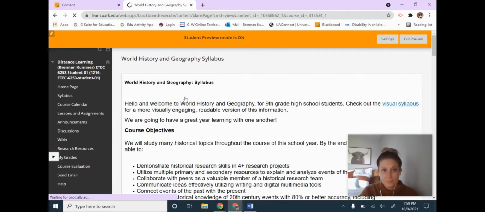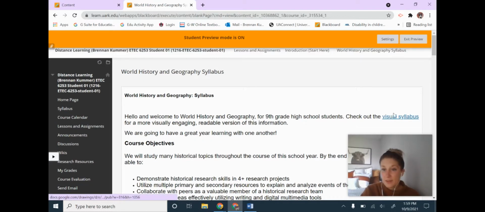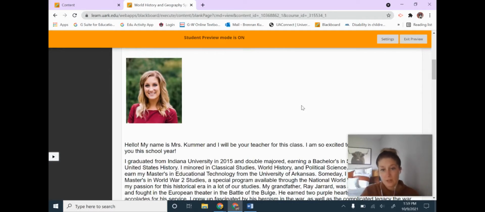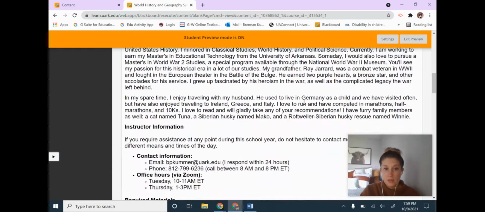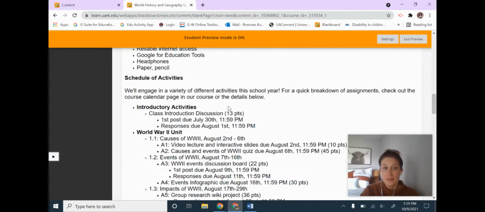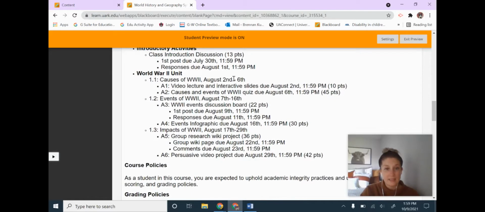So if I click here, here is the syllabus, and there's also a visual example here, but there is a typed out version that's all embedded within this content block. It explains information about the instructor, best times to contact the instructor and how, required materials, schedule of activities, and deadlines, so the students know what to expect.